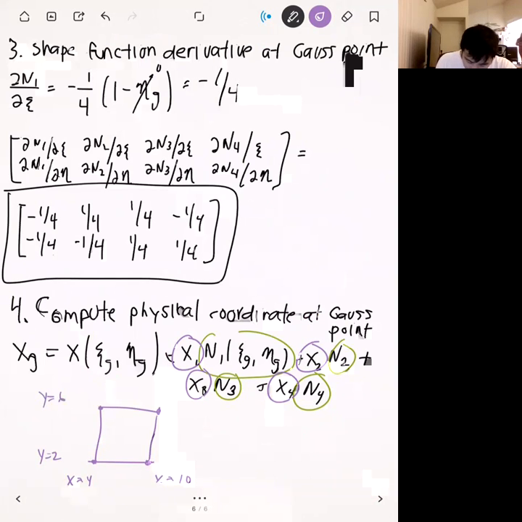If we do the same numbering that we did before, we can write out the x and y coordinates for each node. Node number 1 down here is 4, 2. Node number 2 over here is 10, 2. Node number 3 is 10, 6. And node number 4 is 4, 6.